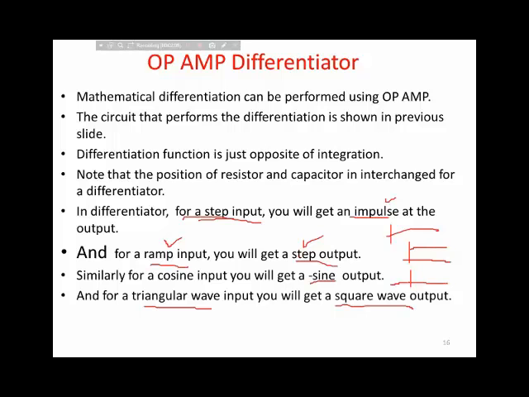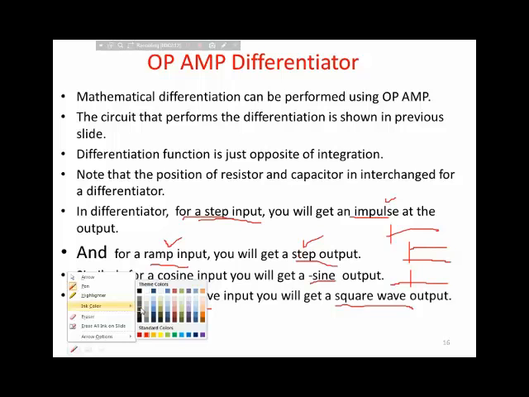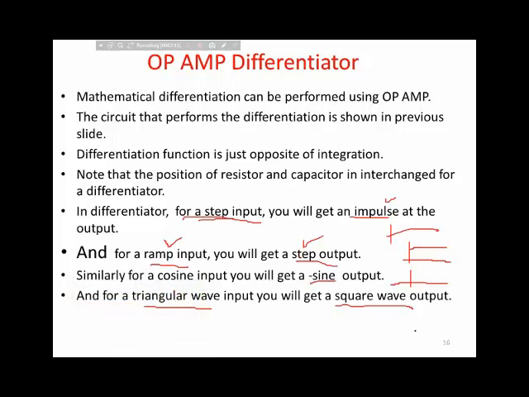So an impulse is kind of this function. For example, this is an impulse. This function you have studied in the signals and systems course. That is, the derivative of a step is an impulse.